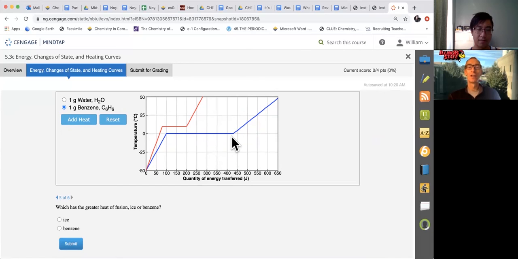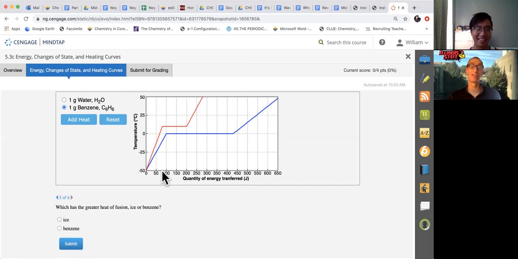Okay, so we know water takes, what did we say, from 100 to 430. So it takes about 330 joules to convert 1 gram of water. That's what we figured out from that graph. From the red graph, we see it's, well, who knows how we're reading this thing anyway now.